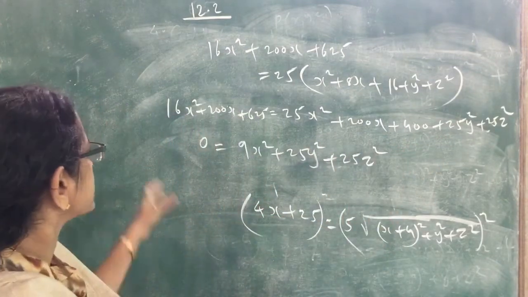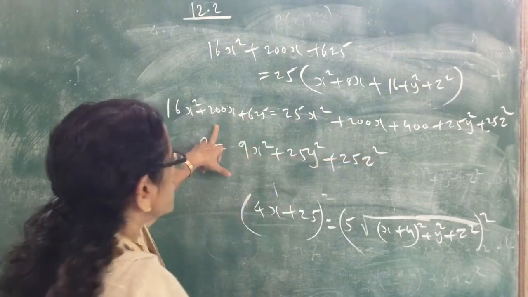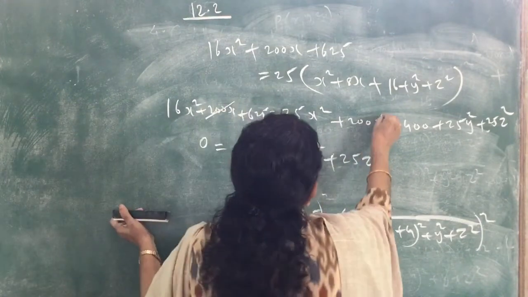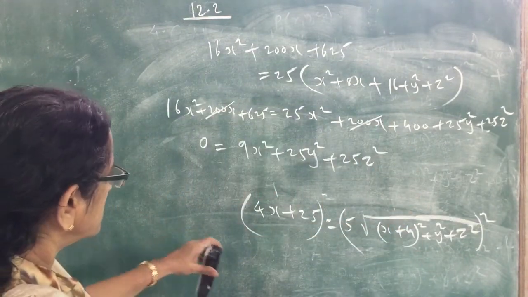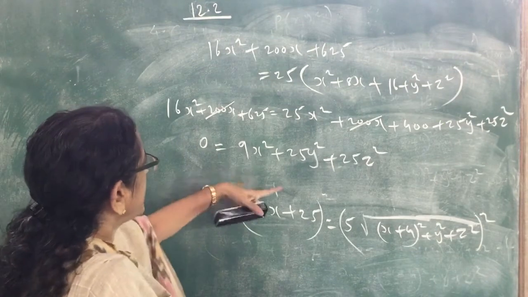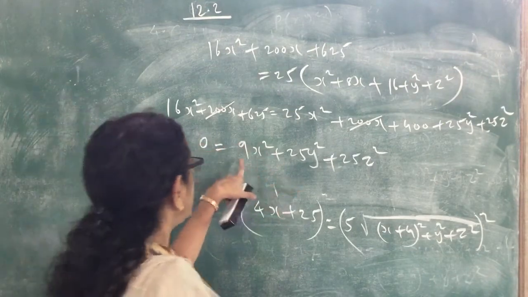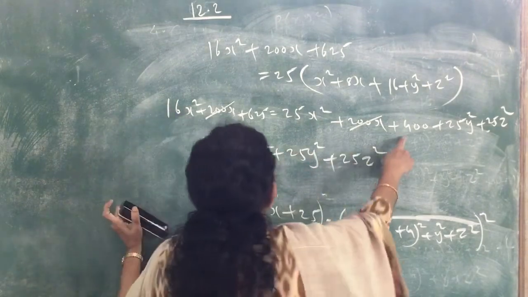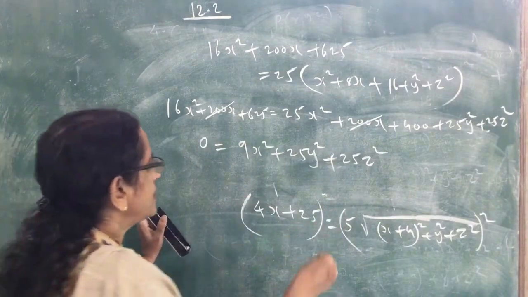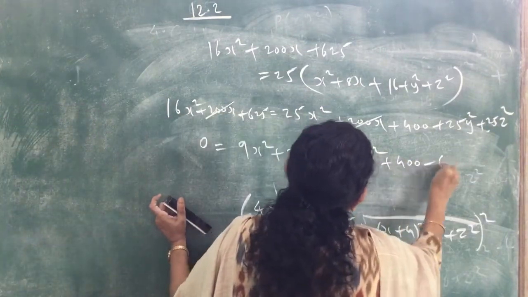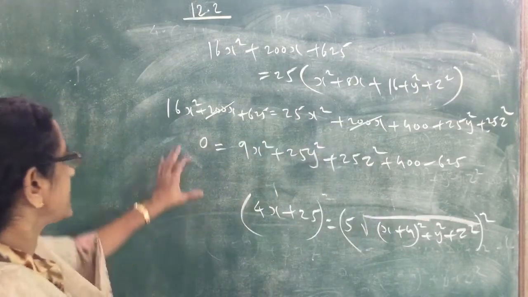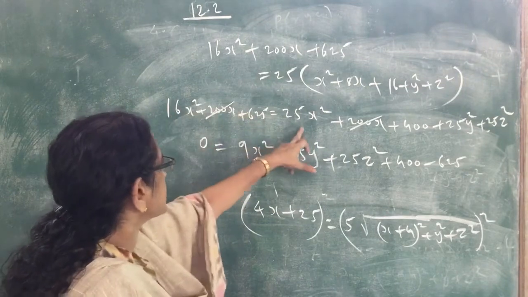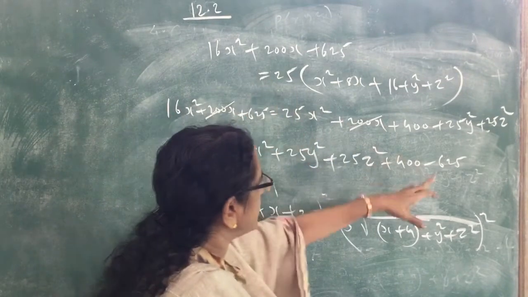Now the x term: here 200x and here 200x, so both sides there is 200x and that is cancelled. Then what is remaining? Here 9x square plus 25y square plus 25z square, then 400 and 625 taken to the right side, so plus 400 minus 625. So the left side is only 0. We have taken these terms to the right side: 25x square minus 16x square is 9x square, and 625 taken to that side.